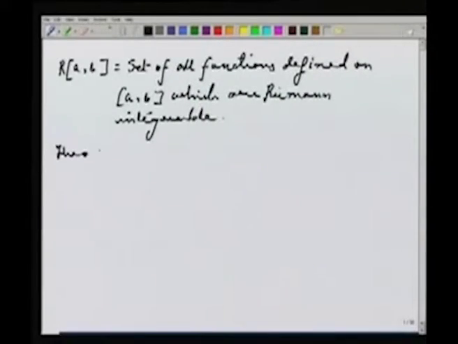Now for that, the first theorem is a necessary and sufficient criteria for Riemann integrability.